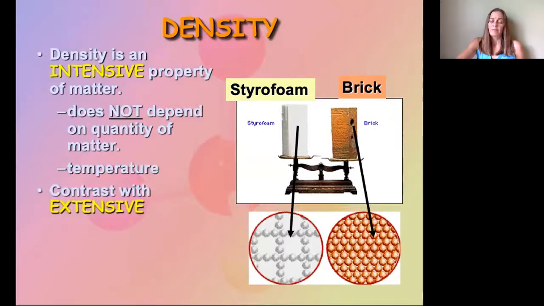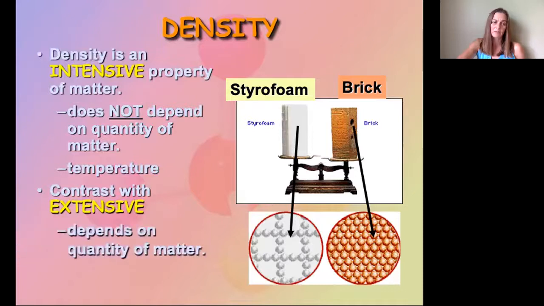But if I have the same volume of styrofoam and brick, the brick is going to have more mass. So extensive properties do depend on the amount of matter that is present. So those are things like mass and volume. But because we know that density is constant, as volume increases of a substance, so does its mass.